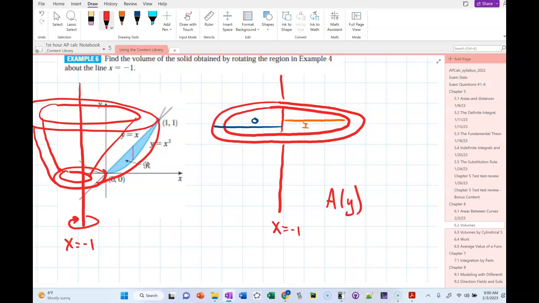Okay. So the inner function here is y equals x. So my inner radius is going to be, Mackenzie?